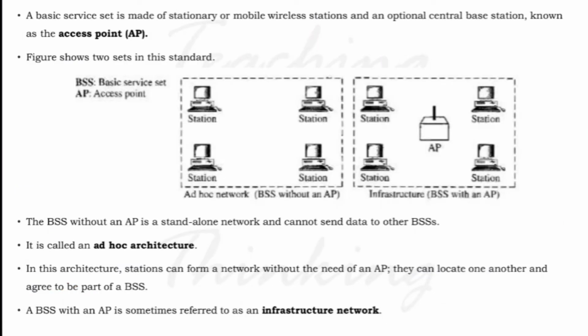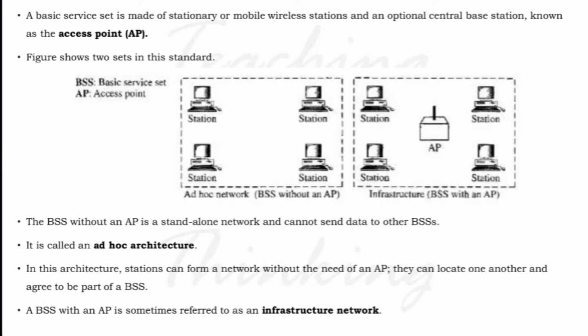A basic service set is made of stationary or mobile wireless stations and an optional central base station known as the access point. So there might be stationary and mobile wireless stations and one central base station known as the access point.